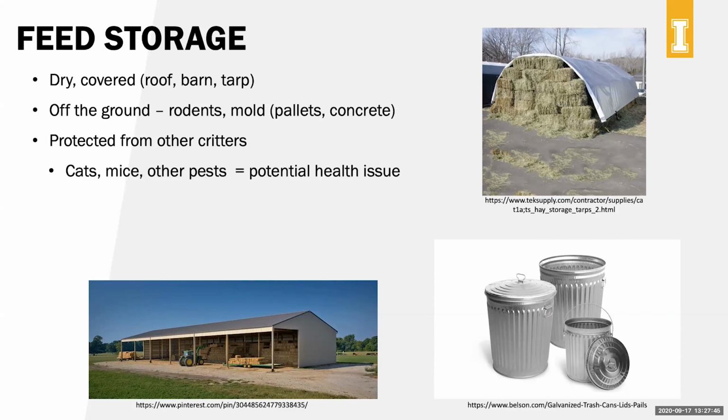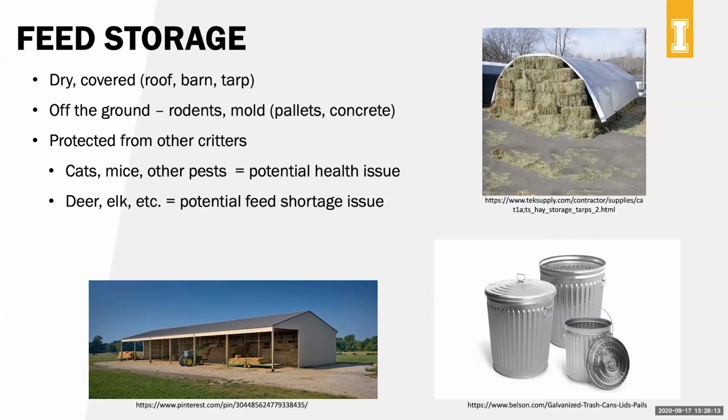So for example, cats and mice and other pests can actually, especially in sheep and goats, give you some disease problems, which if you go back to some of the webinars we've had before, there's more details on that. But it's certainly something to consider to keep all of those other pests and feces and that type of thing out of your feeds. And again, if you let other animals get in there, you're going to have some issues with feed shortages.